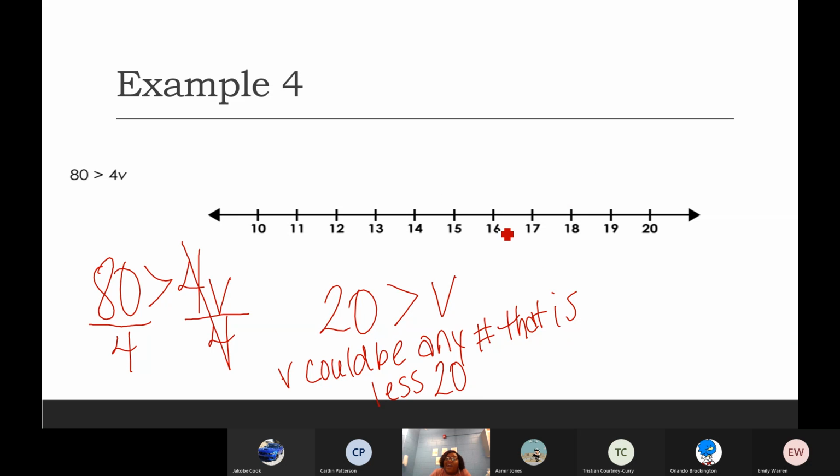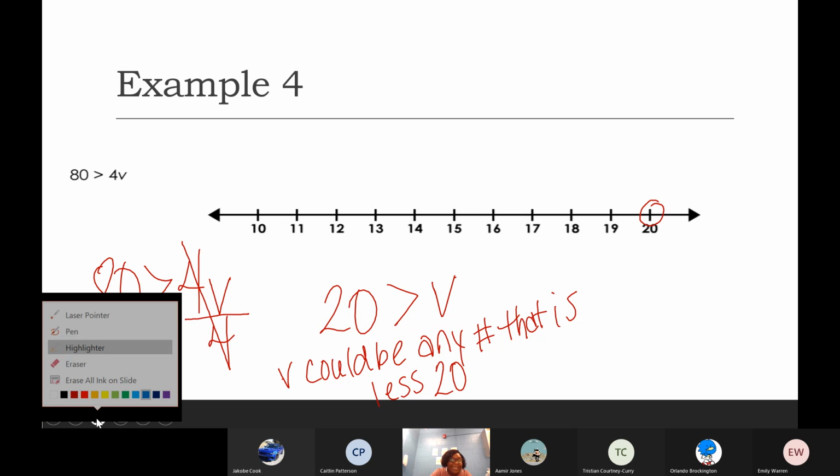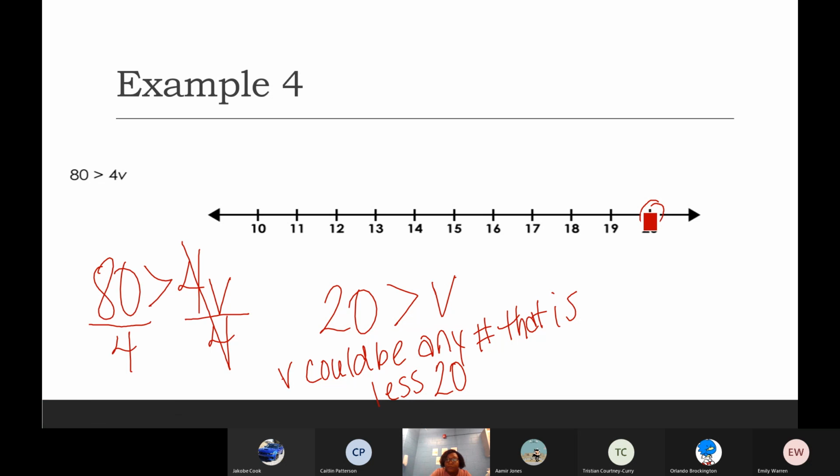So we show that on our graph by putting a circle around the 20 and then shading all the numbers on that number line that are less than 20. So V could be 19, 18, 17, 16.